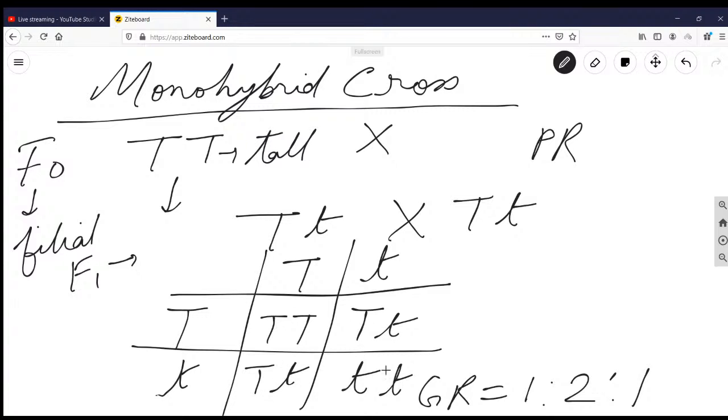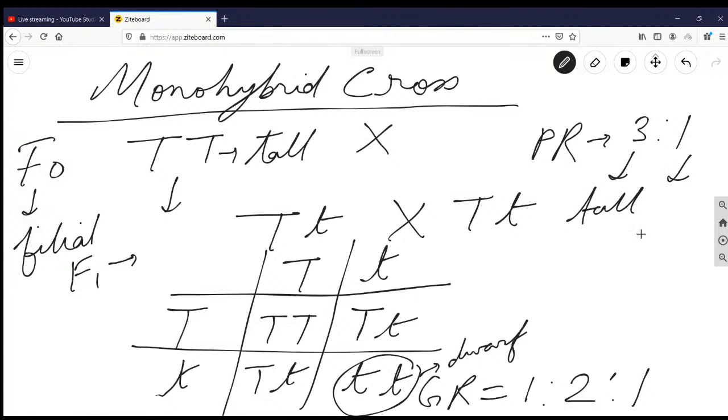So 3 are tall, only small t will be dwarf. So I can say phenotypic ratio is 3:1 because 3 are tall, 1 is dwarf. That is how phenotypic ratio is calculated, by just looking at the physical appearance of the trait that we have taken into consideration.